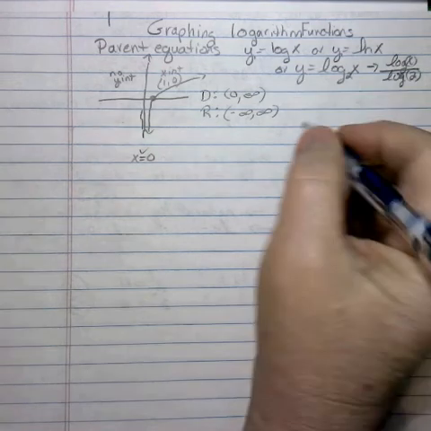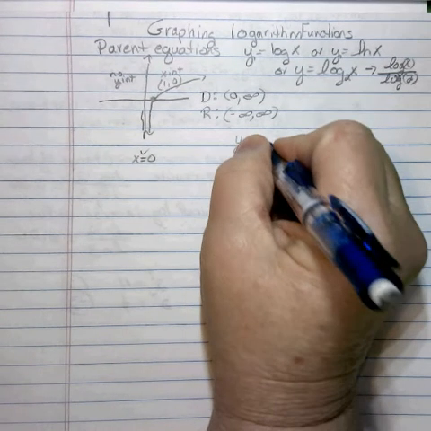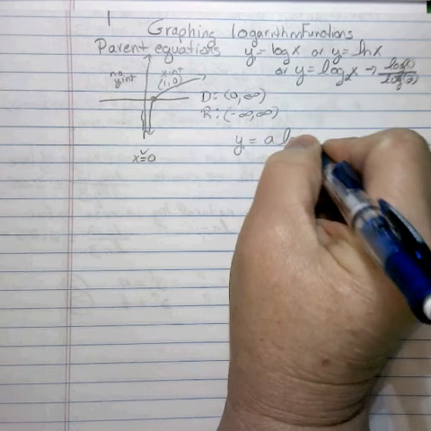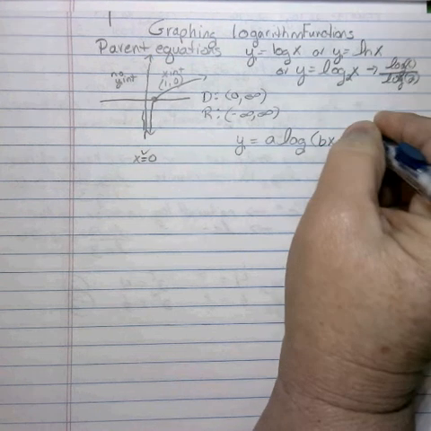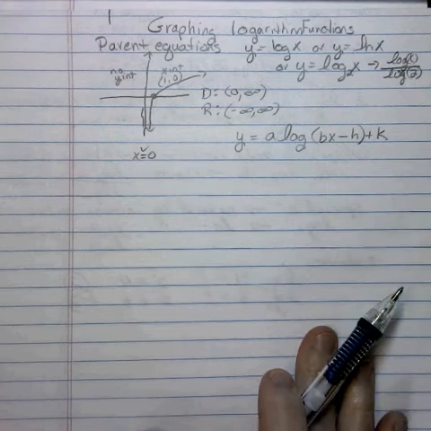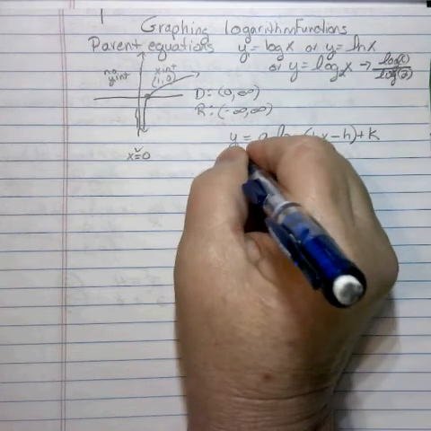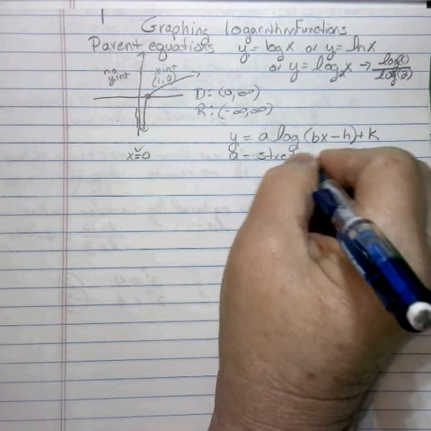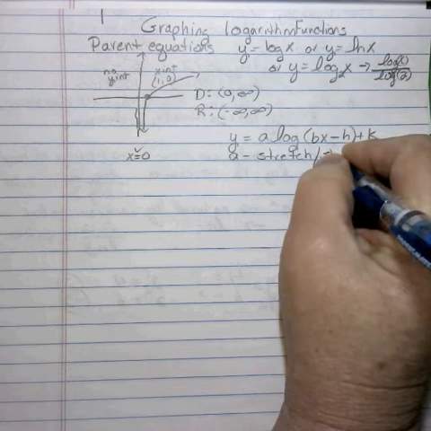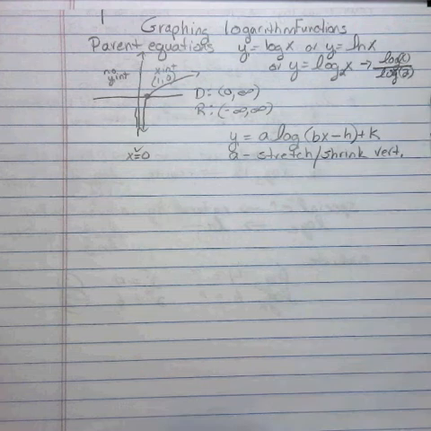If we look at the transformations that can occur with a log graph, we have y equals a times the log of b times x minus h, plus k. Again, we have those extra values just like we did with our other functions. So the value of a is going to provide a stretch or a shrink, and that is going to be a vertical stretch or shrink.